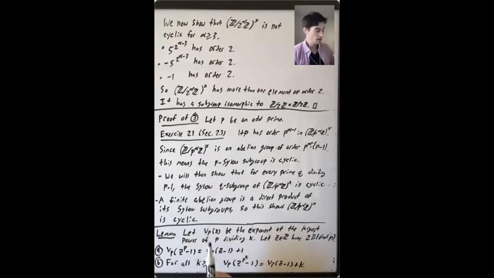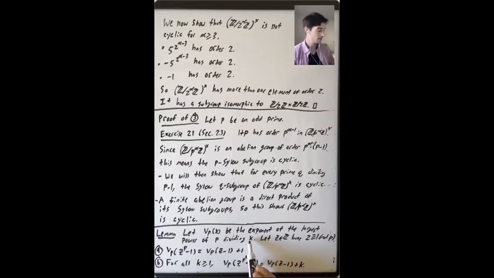I'm going to prove this lemma, which says, let's define v_p of x to be the function that gives you the exponent of the largest power of p dividing x. For example, if x is 50, then v_5 of x would be 2, because 5 squared divides x, but 5 cubed does not.